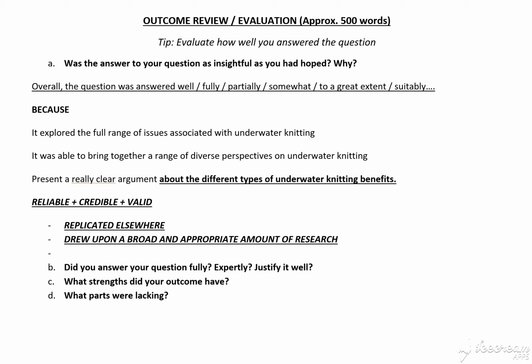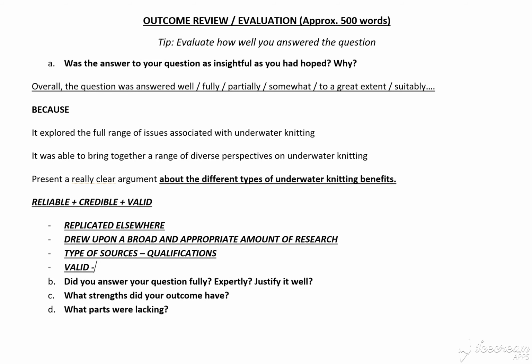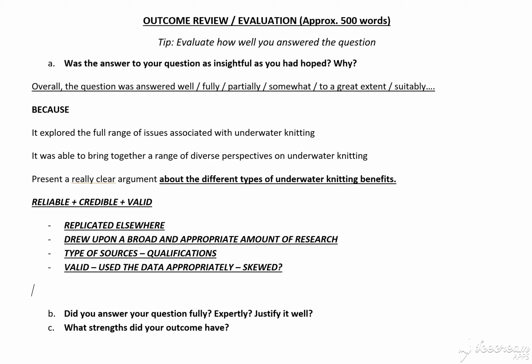Credible, because the types of sources used were experts with the appropriate qualifications. And valid means that you used the data appropriately. You didn't skew anything or change anything. It was an accurate representation of what you wanted. So in this section, we're really thinking about it overall.